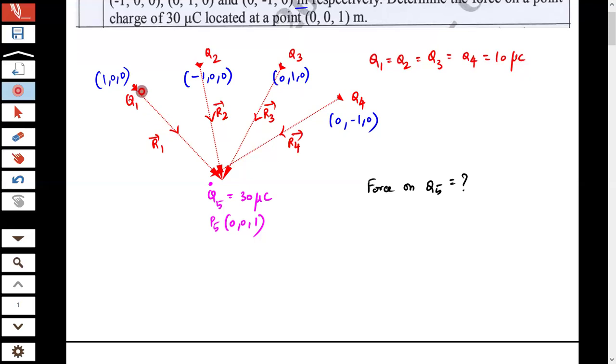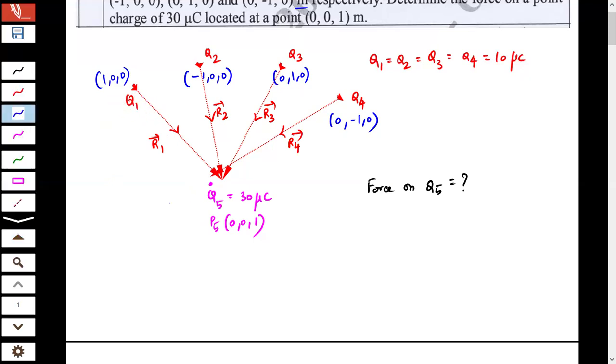Always when we are finding a vector, we should take the coordinates of the termination point minus the coordinates of the source point, which means P5 minus P1 coordinates will give the vector R1. You should look at the direction of the vector. It is starting from Q1 and ending at Q5, so we take Q5 coordinates minus Q1 coordinates.